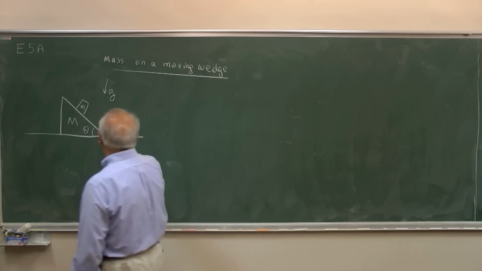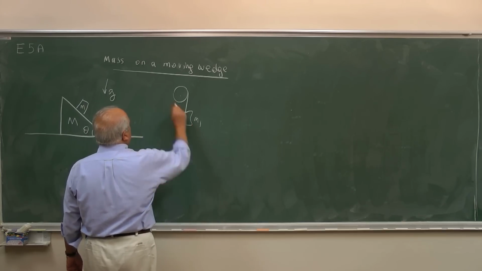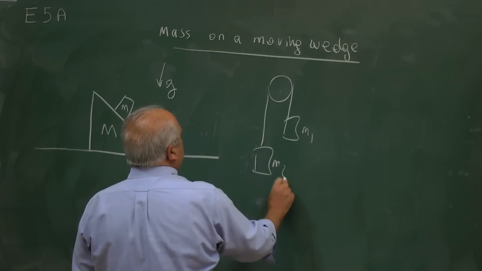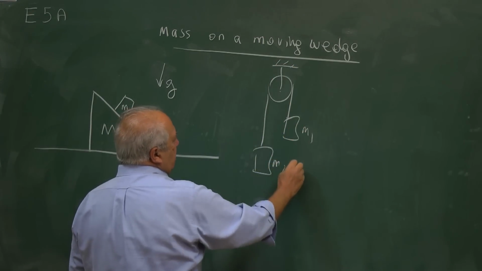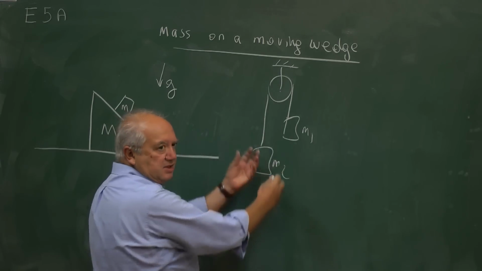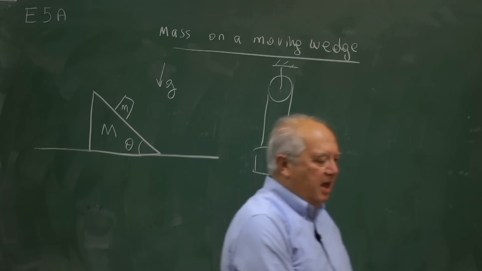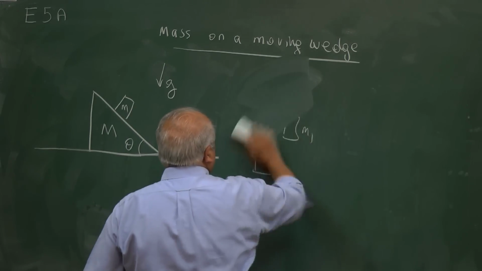For example, consider an Atwood machine, M1, M2. If this goes down with acceleration a, this goes up with an acceleration a. So essentially they have the same acceleration. But here things are different.